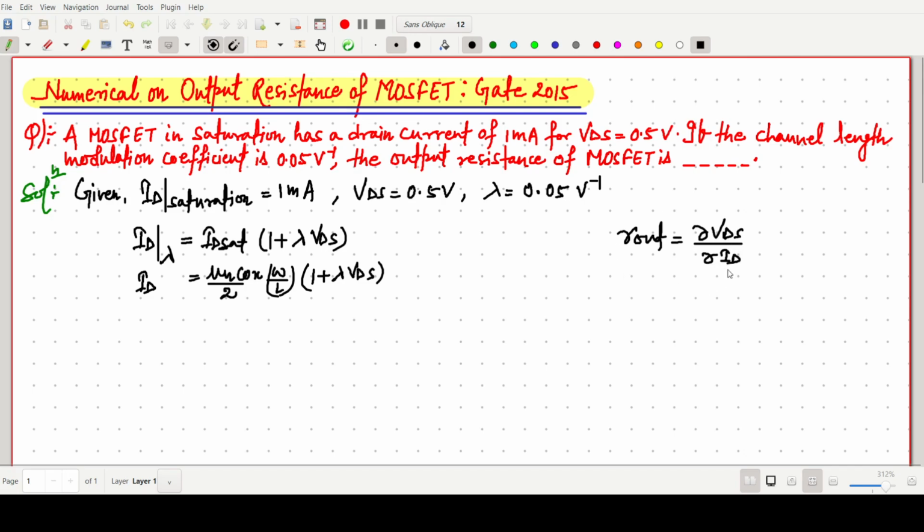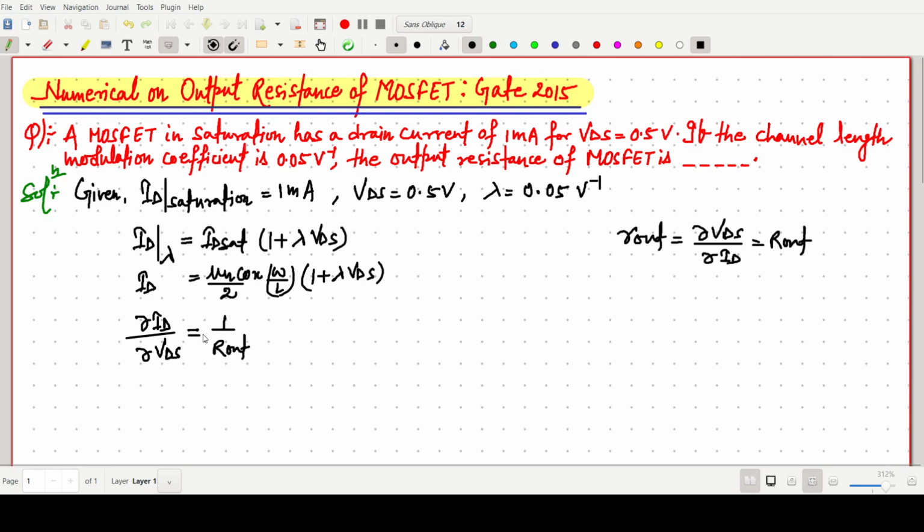Since ID is a function of VDS, if we differentiate ID with respect to VDS, we get 1 by R output, just the reciprocal. So it is better to write 1 by R output.